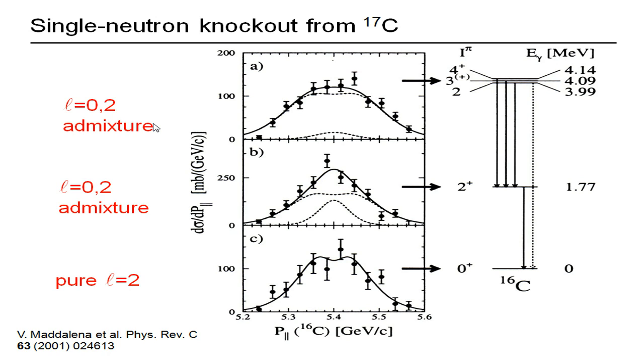So in other words, it's telling us information about the orbital angular momentum content and the states occupied by nucleons in the carbon-17 nucleus, which are removed in this process. Okay, so this is the sense in which, by measuring the momentum of the fragments and looking for gamma rays, you can start to understand something about the structure of these exotic systems.